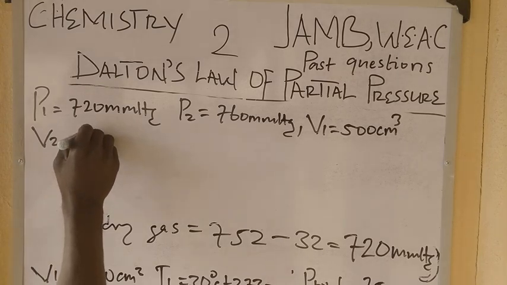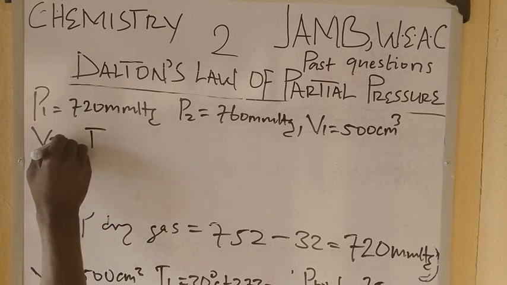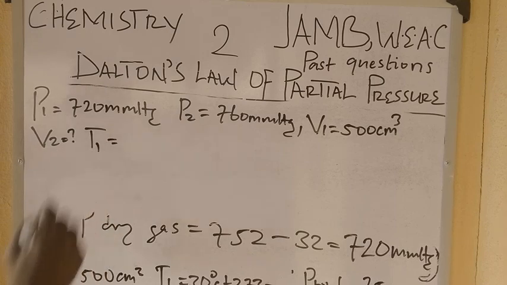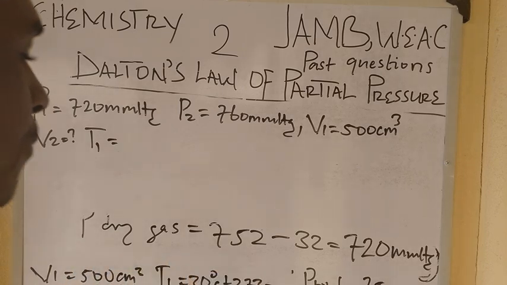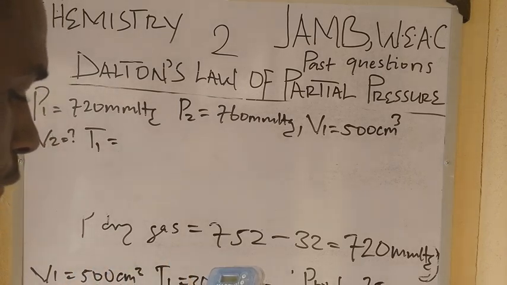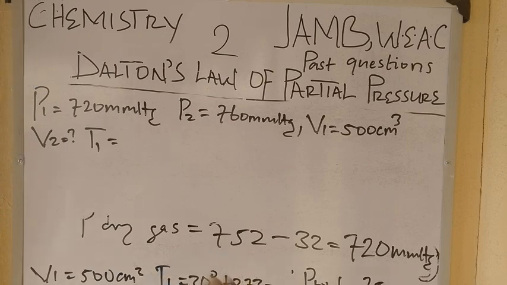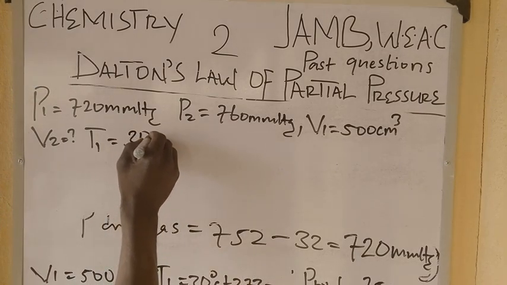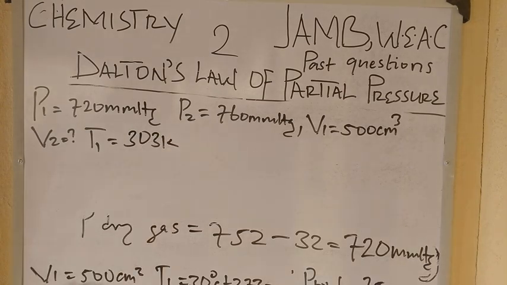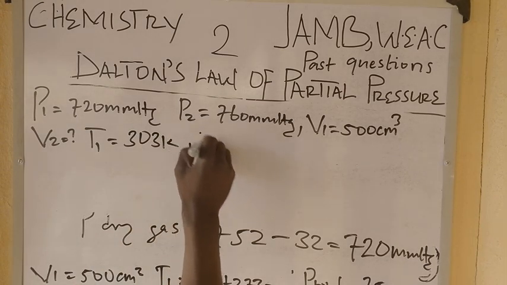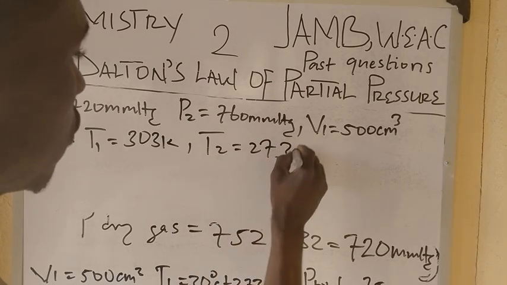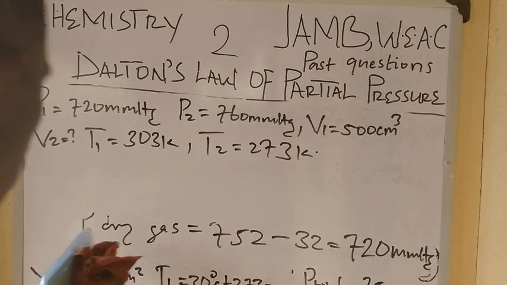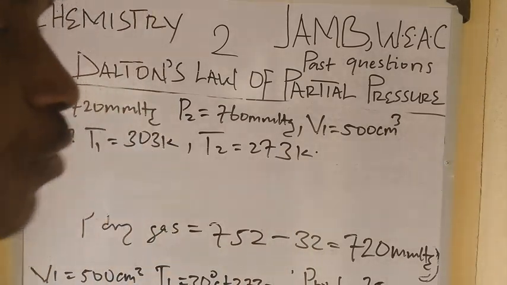Then T1 is equal to 30 plus 273, which is 303 Kelvin. So I have my T2 will be equal to 273 Kelvin.